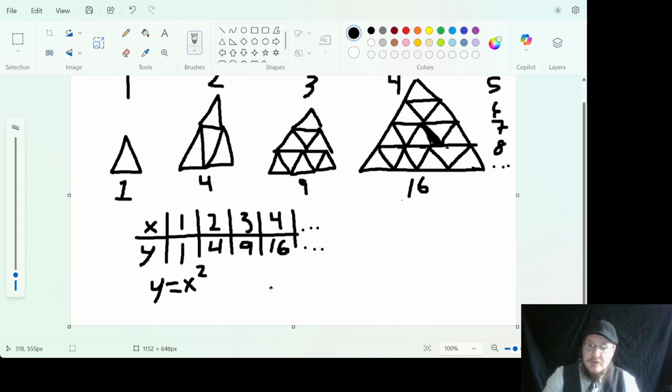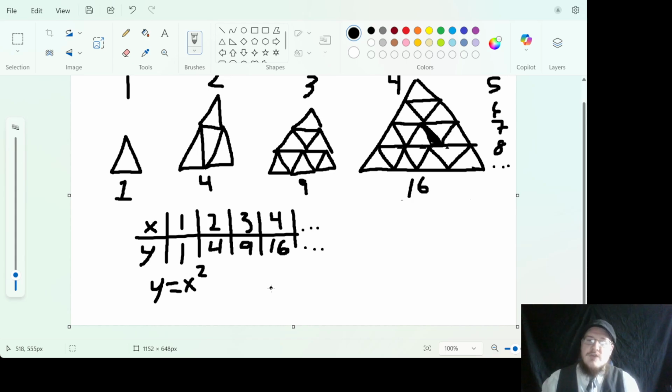For our pattern, using the equation of y equals x squared, where x is our current term in our pattern, we find how many triangles comprise the entire shape.